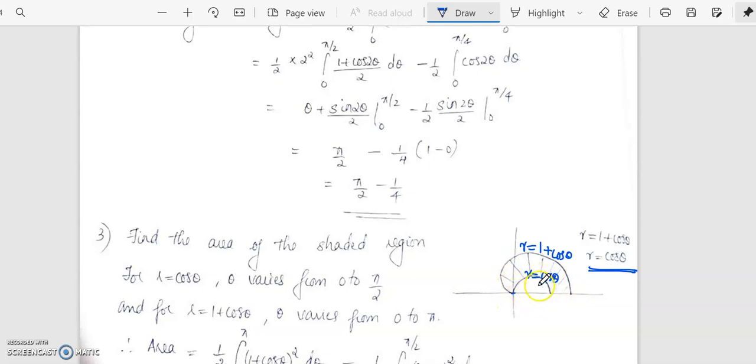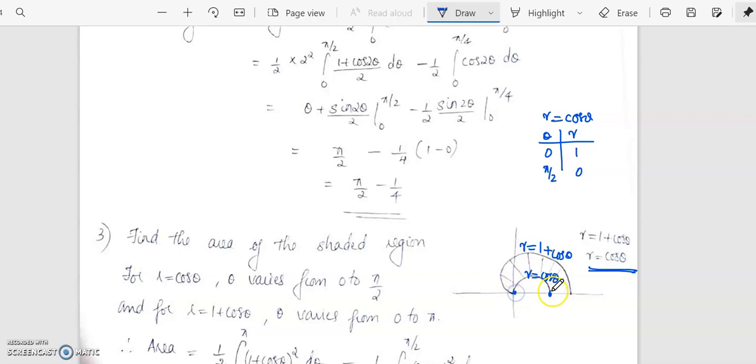When you take r equal to cos theta, when theta is 0, the r value will be equal to 1, that is this point, and when theta reaches pi by 2, the r value is 0.